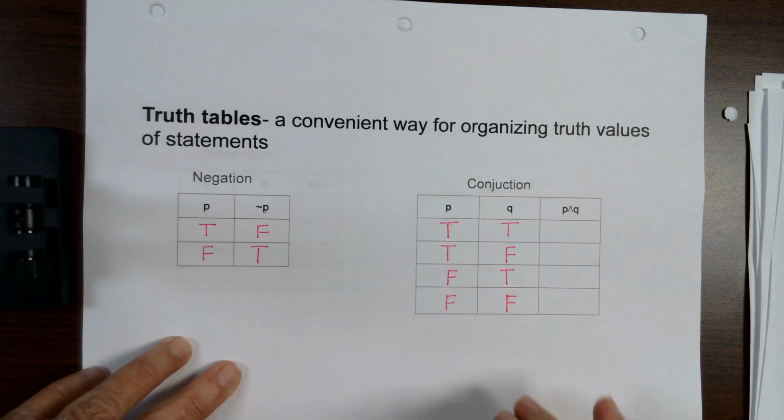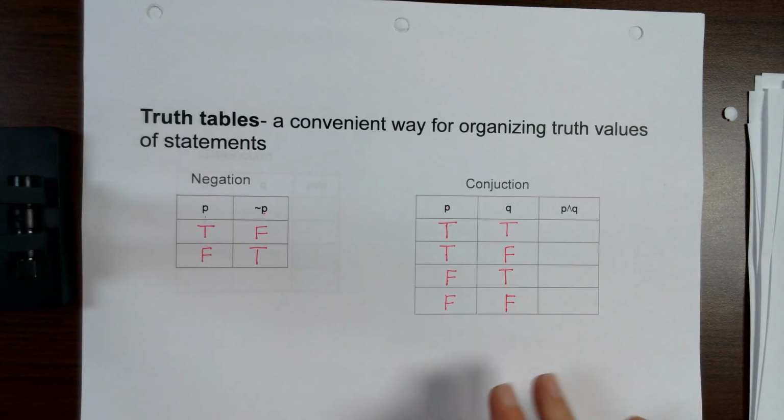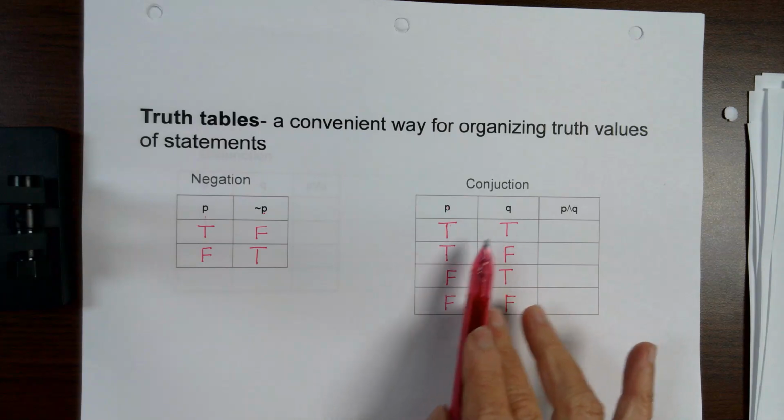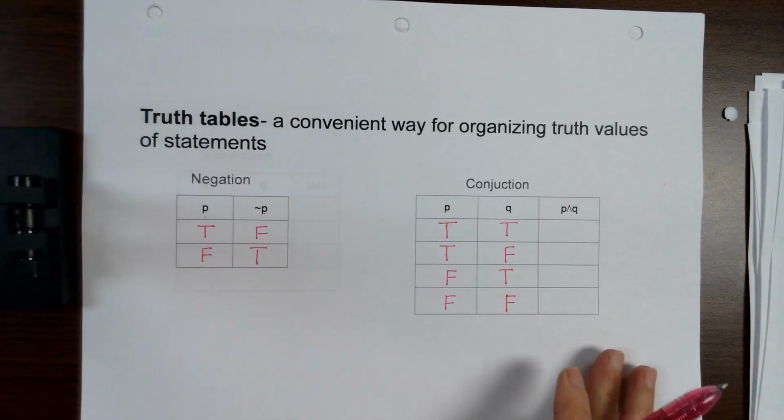Those are all the different ways that I can have a P and Q and have true or false statements. So I have true, true, true, false, false, true, and false, false. There's no other way to do it.